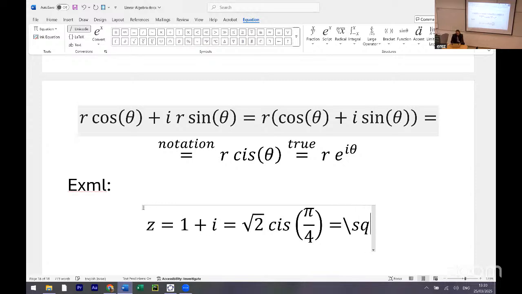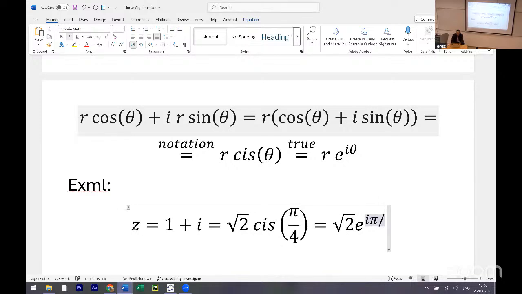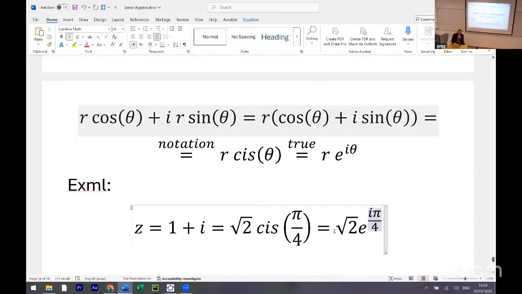And like you said, it's the square root of 2 times e to the power of i pi over 4. It's the same, okay? So this is the geometrical notation, whichever you prefer, and this is the algebraic notation. And given the geometric one, it's quite easy to get the algebraic one.